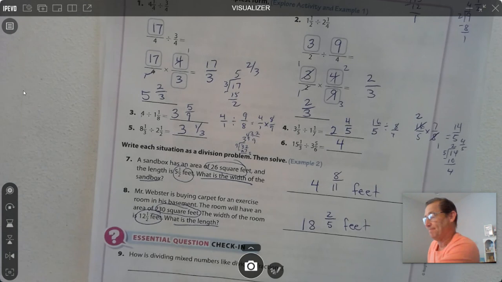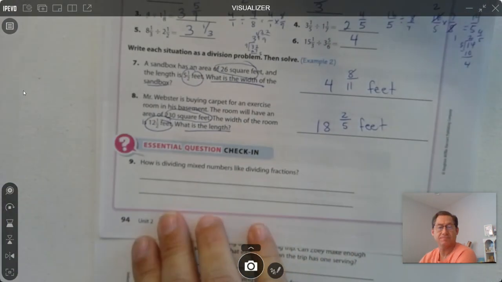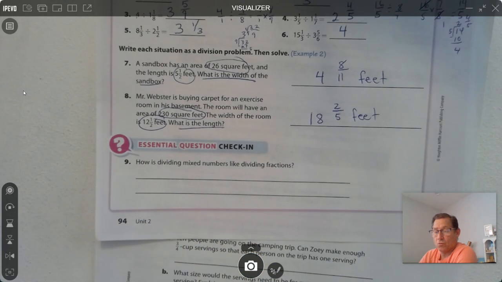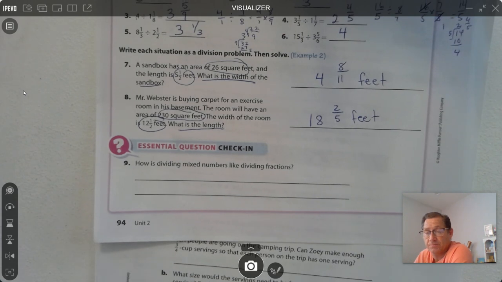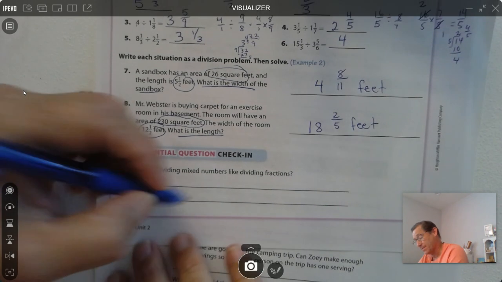All right, number 9. How is dividing mixed numbers like dividing fractions? Well, after we change the mixed number to a fraction greater than 1, the process for dividing is the same, right?